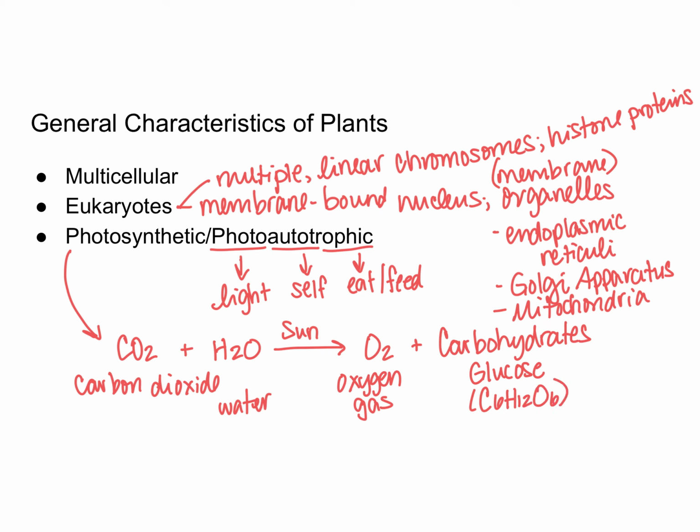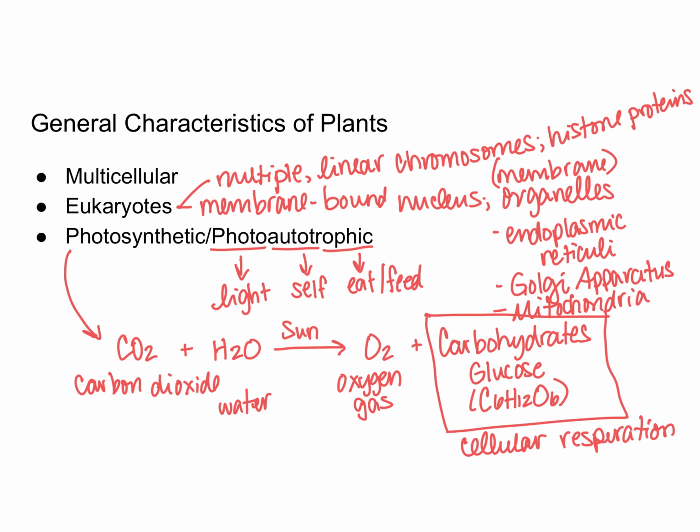Now the plant can then take these carbohydrates and do cellular respiration. So essentially, plants make their own food, and then they break down that food in order to do cellular respiration.